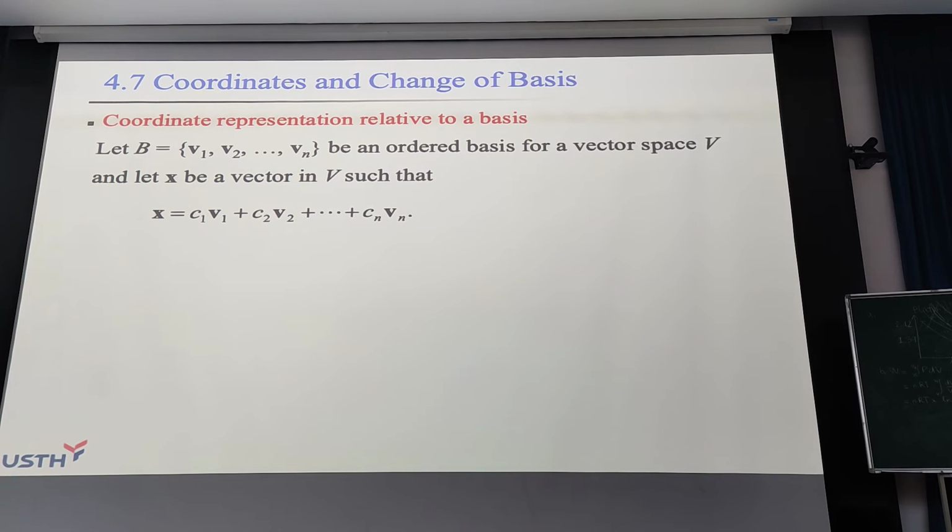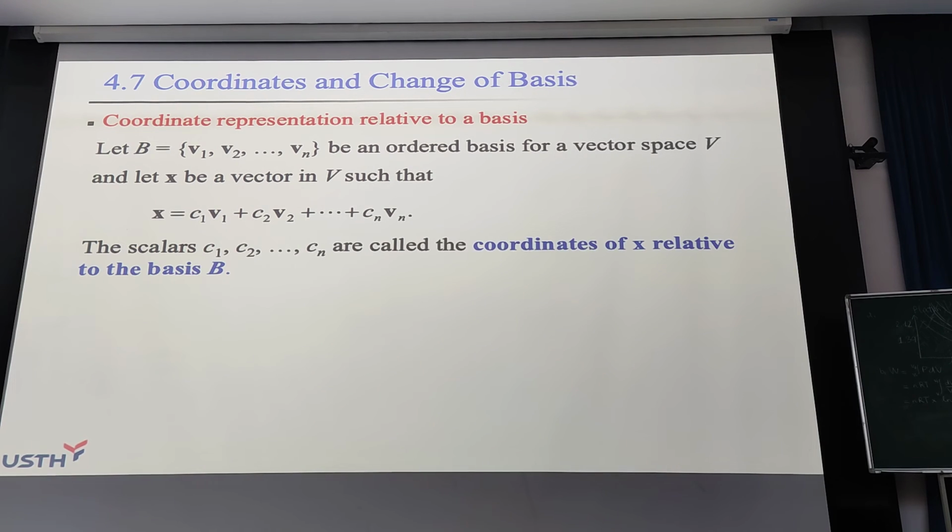And because of that, the numbers C1, C2, ..., Cn will become the coordinates of x relative to the basis B.